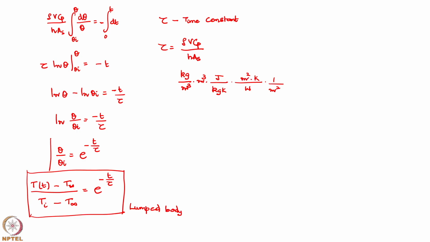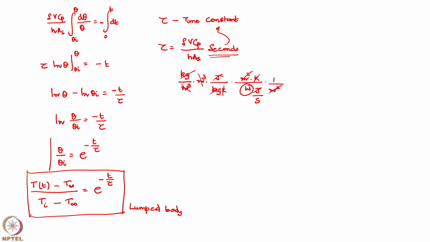So kg gets cancelled, meter cube gets cancelled, Kelvin gets cancelled, meter squared gets cancelled, watt is nothing but joule per second, so joule gets cancelled. So I end up getting the unit of tau as seconds. That is why it is called the time constant. So that is the significance of this.